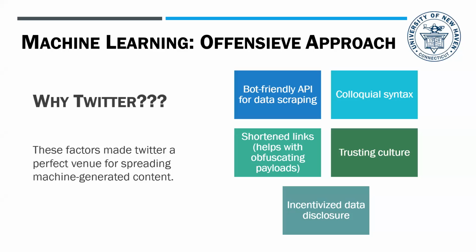Furthermore, to adapt to this constraint, links on Twitter are almost always shortened due to the specific character limit of Twitter posts. The shortened links can be used to obfuscate a phishing domain and increase the rate of click-throughs. Other useful quirks of Twitter include a bot-friendly API for data scraping, through which we can collect all the required details for any machine learning features.